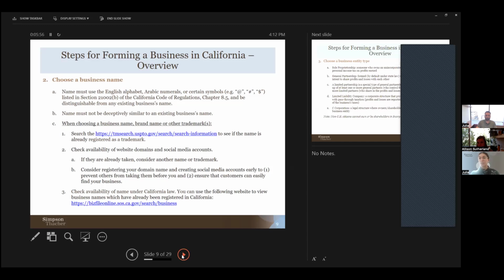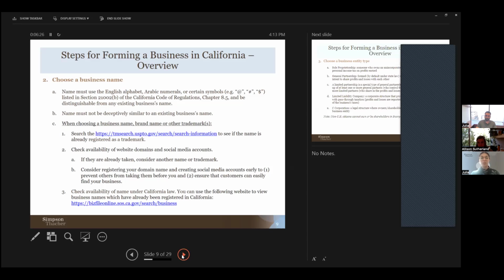Again, this will help your customers easily find you if you have a recognizable name. And if the name that you're considering is already taken, you should probably consider another name or trademark, and consider registering your domain name and creating social media accounts early. This will allow you to prevent others from taking the name that you would like to use, and again, ensure that customers can easily find your business.